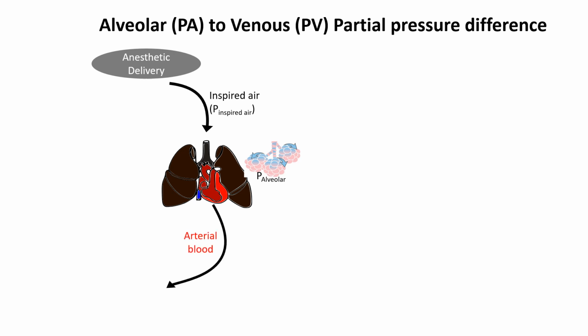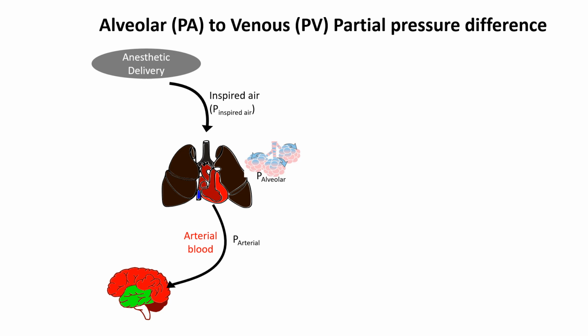The dissolved anesthetic in the systemic arteries exerts a pressure. This pressure is called arterial partial pressure, which in our case is the systemic arteries and not the pulmonary artery. The arteries distribute the anesthetic throughout the body, including the brain. Based on the partial pressure gradient with the brain, the anesthetic diffuses into the brain.